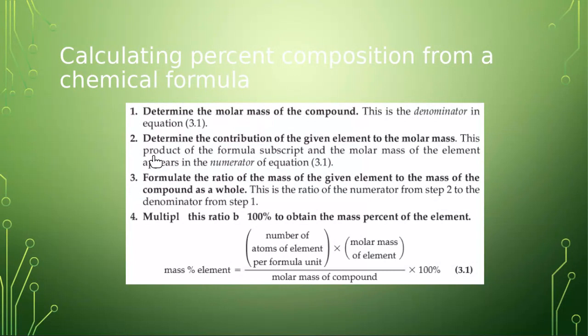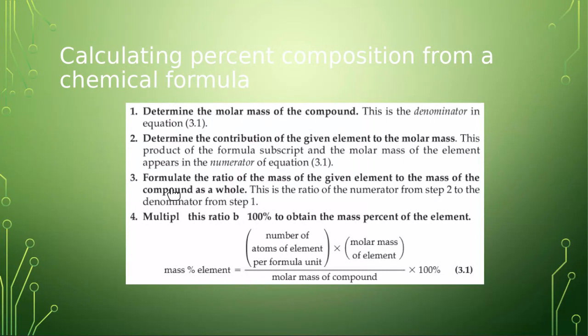And then the second one, determine the contribution of the given element to the molar mass. And this product of the formula subscripts is very important. Subscripts always give you the moles of the atoms in the molecules. And the molar mass of the element appears in the numerator of the equation.